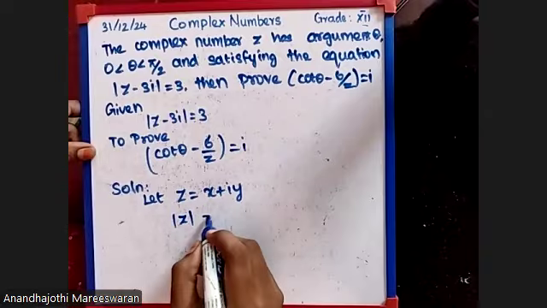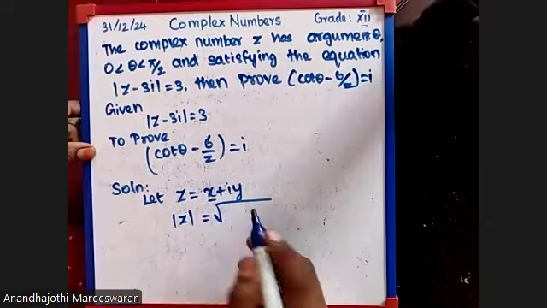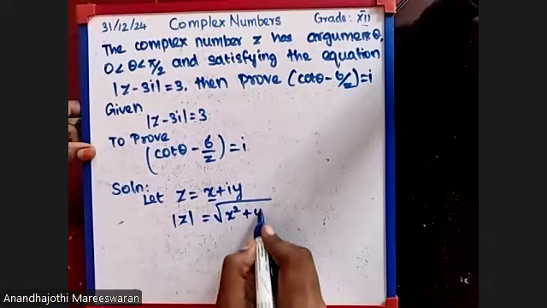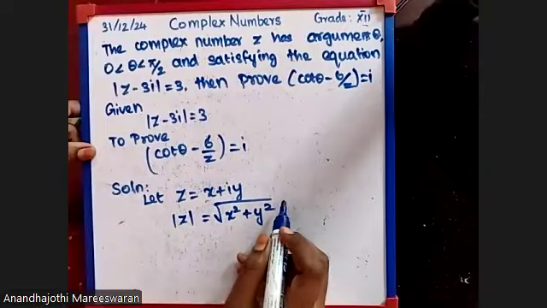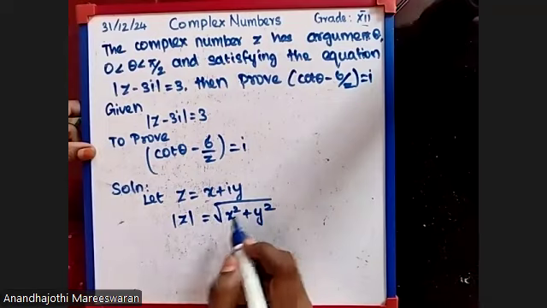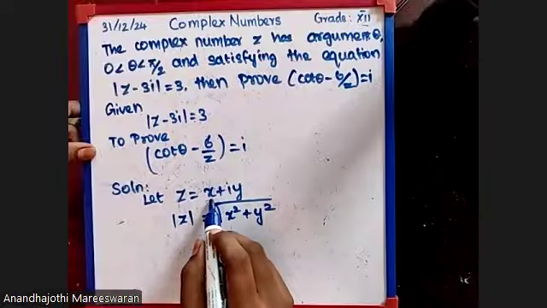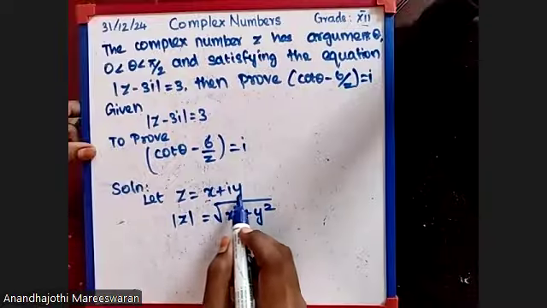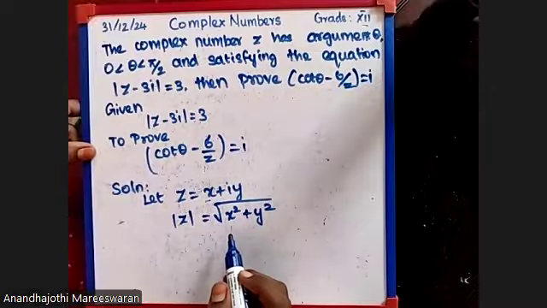So modulus of z will be the square root of x squared plus y squared. Within the square root there are two elements: one is the square of the real part, another is the square of the imaginary part, right? Is everybody clear with this?